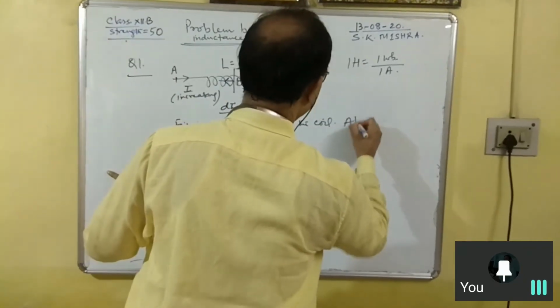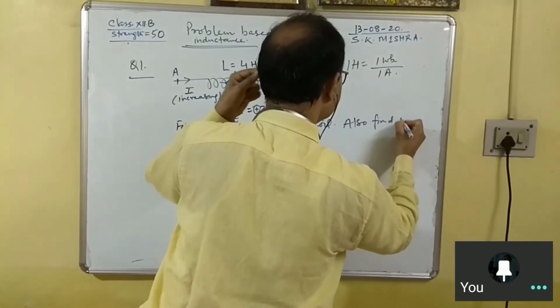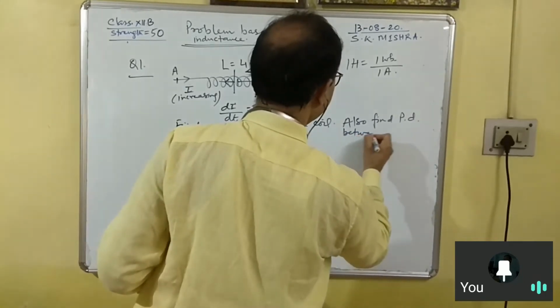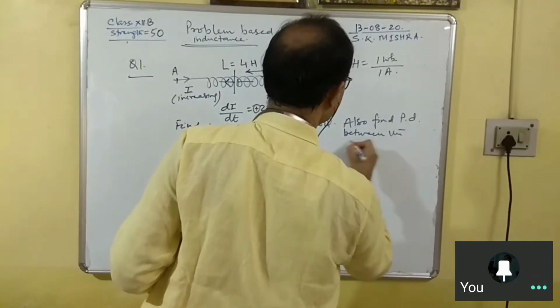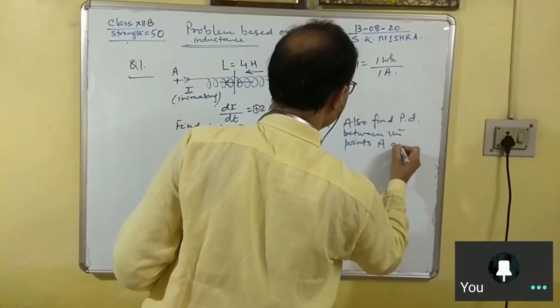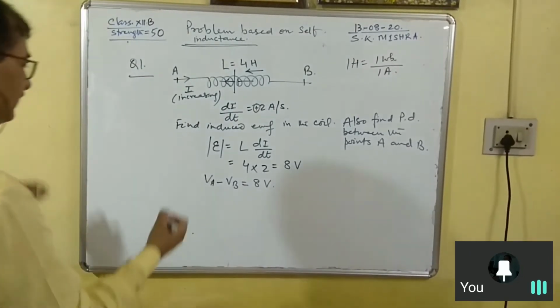I am writing here also: find the potential difference between the points A and B. I am giving you the shortcut method.